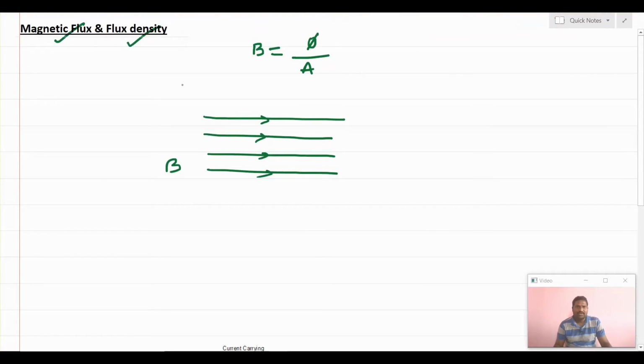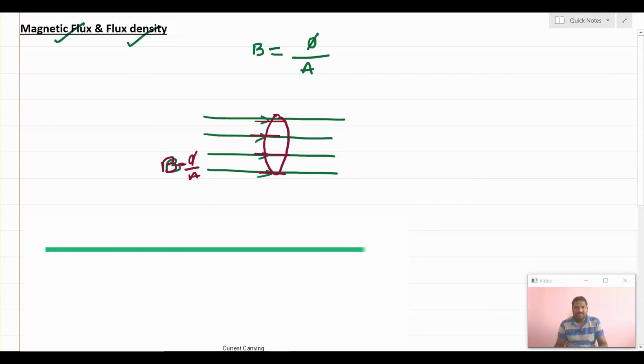Suppose I put a coil of a certain area like this, and all the magnetic lines are passing through this area. Now the flux density B is equal to phi by area. That means the number of lines passing through this particular area is nothing but the flux density.